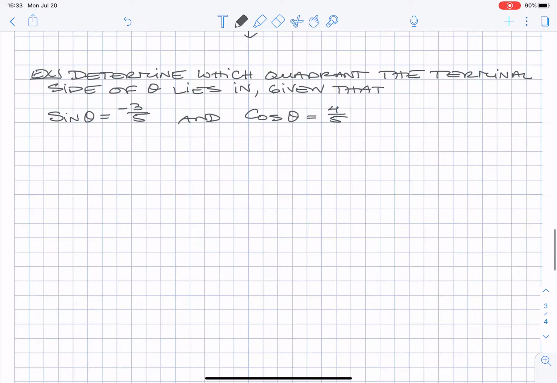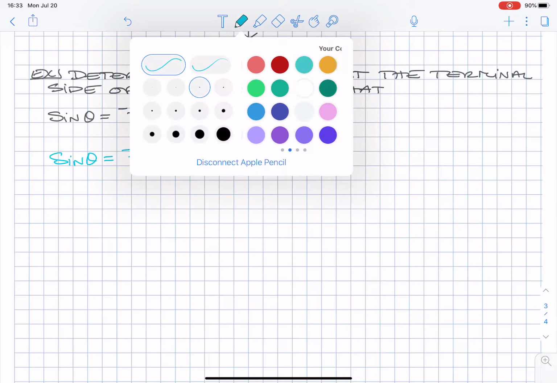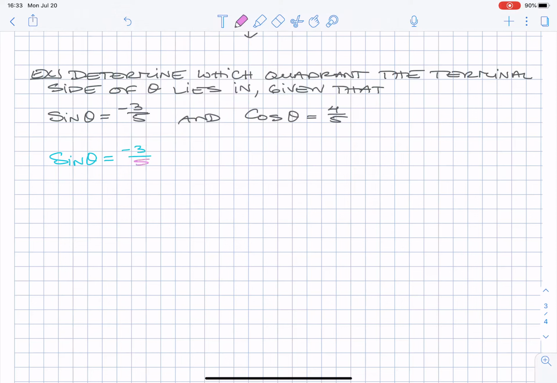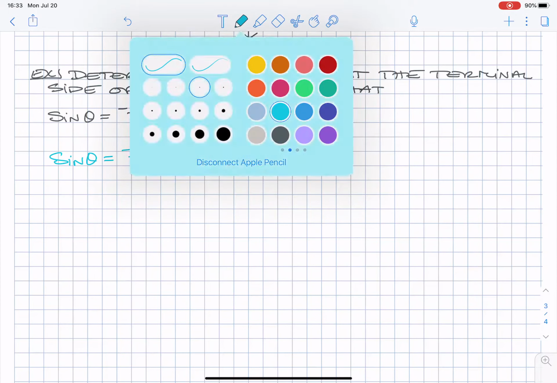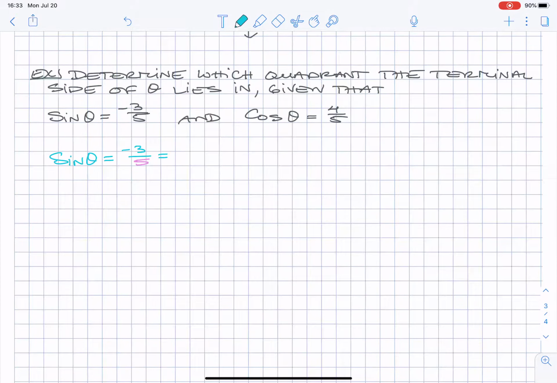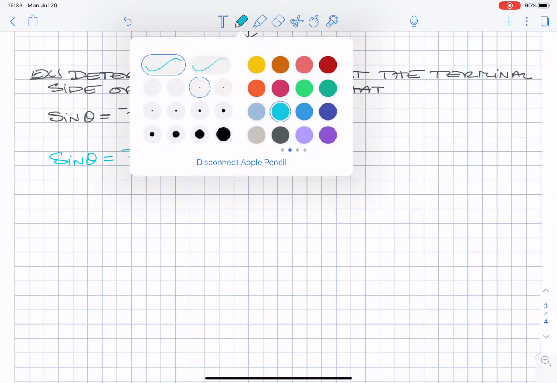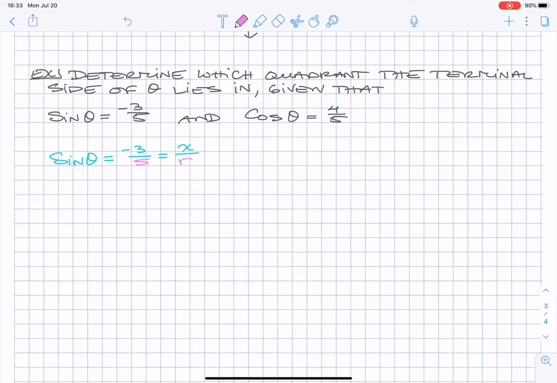Okay, so what do we have? We have that sine of theta is negative 3 over 5. There's a reason I put the negative on top. This is going to be x over r, and remember, the radius can never be negative.